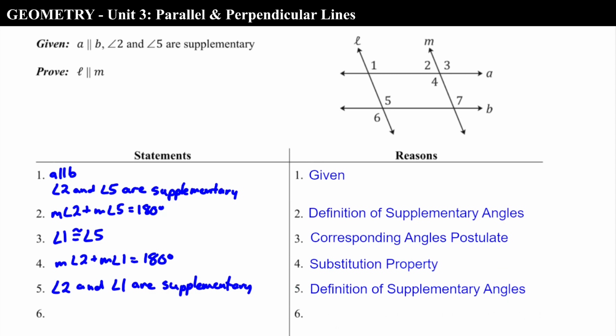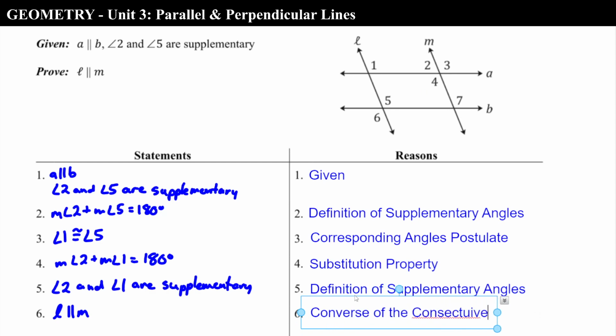And then finally, that brings us around to the fact that L is parallel to M. Because if 1 and 2 are supplementary angles, they are also consecutive interior angles, and by the converse of the consecutive interior angles theorem, we can then say that L and M are parallel.